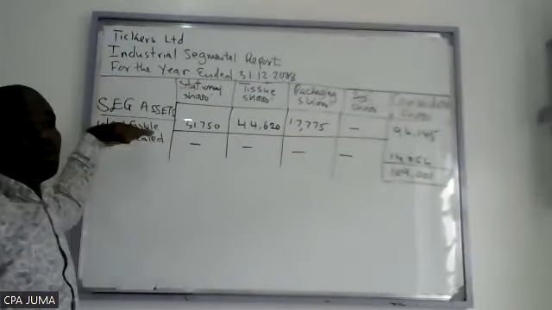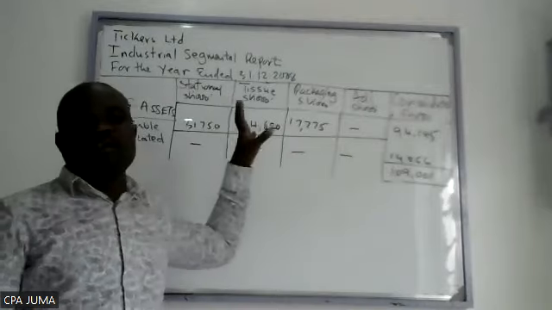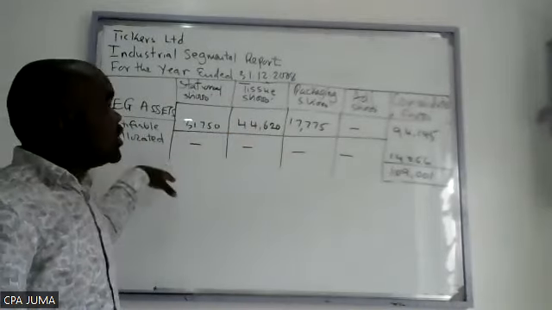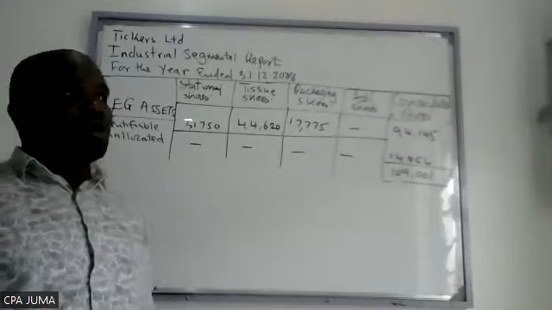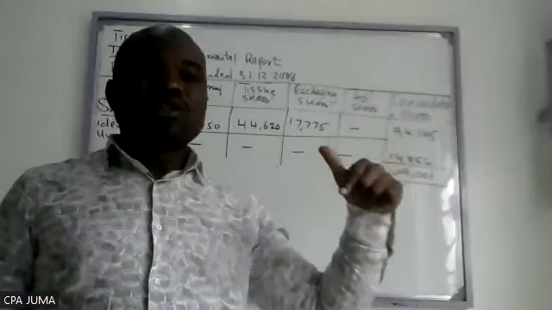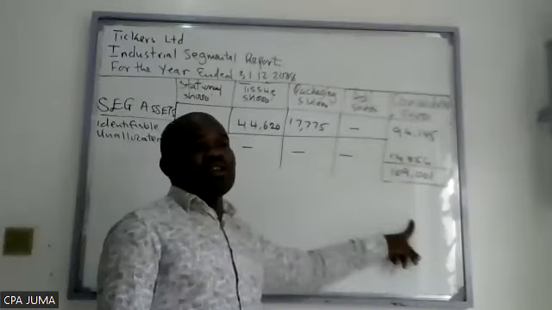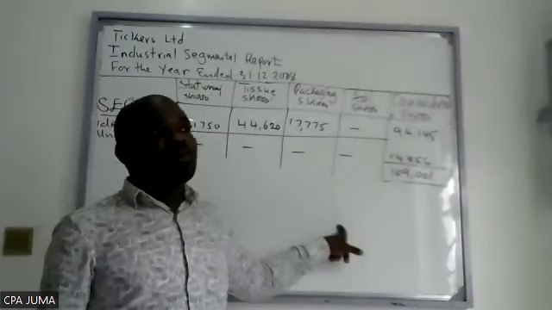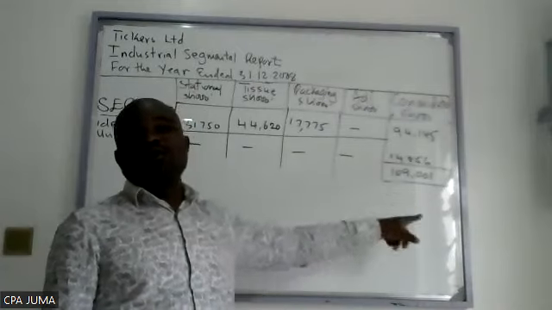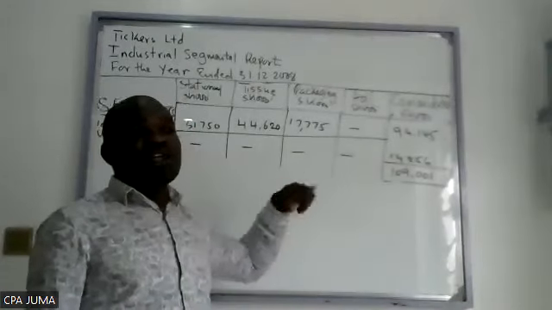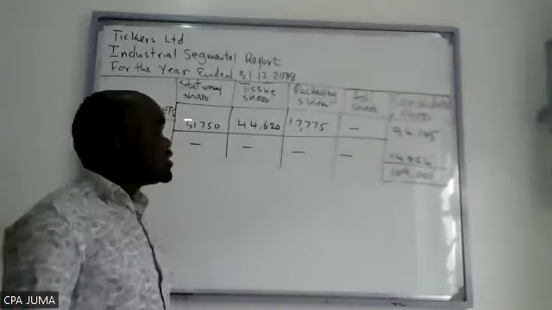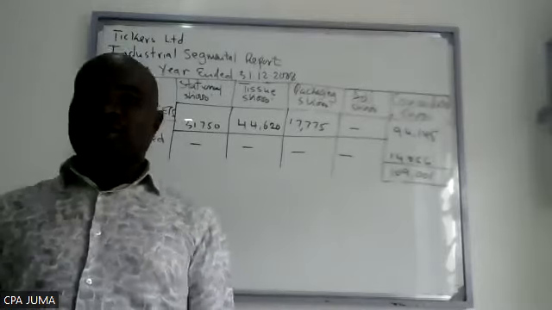Revenue, you just check the way we have analyzed this. Their operating profit is the last item there. You add those operating profits, you will get a different answer from consolidated. The difference is the intersegment which you eliminate. Then the rest are just the same.